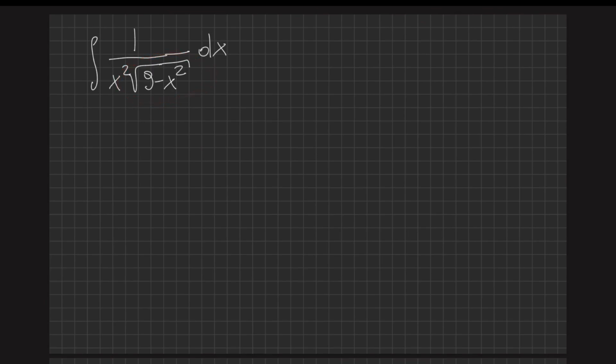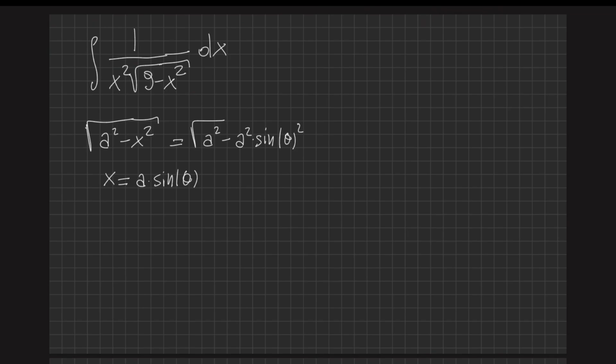Why? Well, because now we are integrating something which has a factor of the form square root of a squared minus x squared, right? And in these cases, the correct substitution is x equal to a times the sine of theta. Why? Well, because if we go back, the square root becomes the square root of a squared minus a squared times the sine of theta squared.